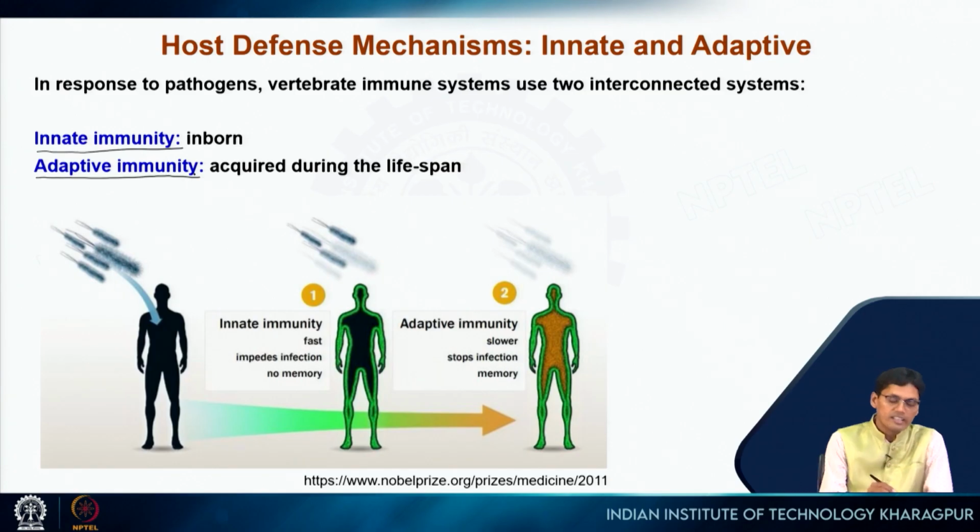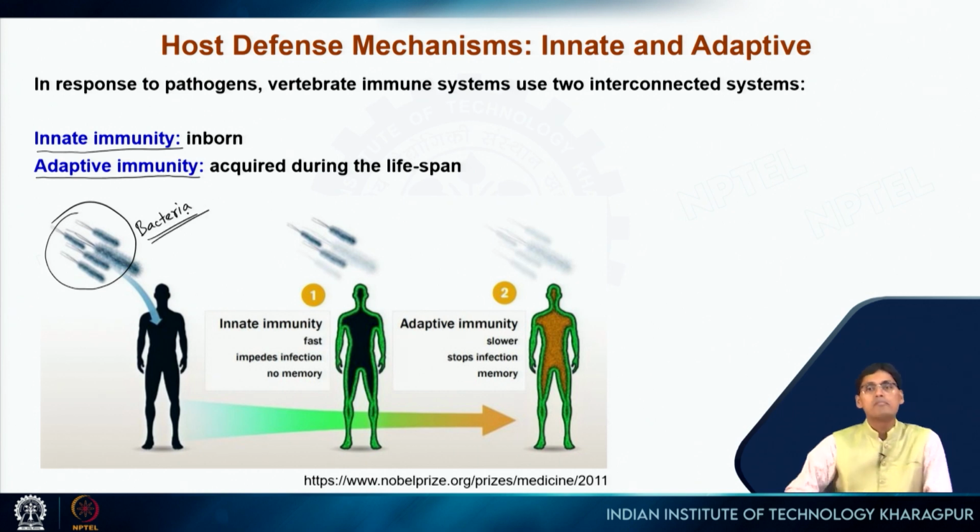So here, if you imagine that these are some bacteria, okay? These are some pathogenic bacteria, not the commensals which are present in our body. Now, when these bacteria invade some human individual, when we are getting infected by some bacteria, what will happen? As I already mentioned, both the innate and adaptive arms of the immune system will act on it.